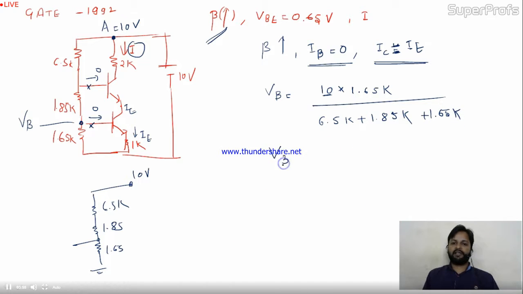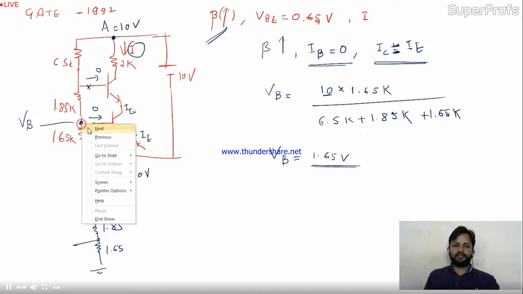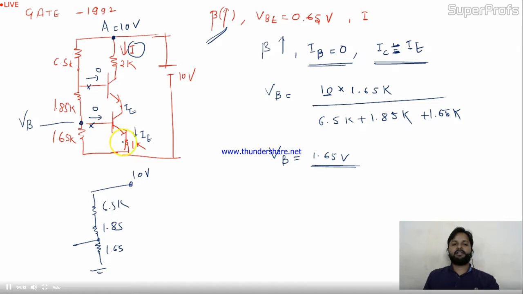So when you find out this VB, you will get 1.65 volt exactly. This will be the voltage over here. Now your circuit is like, here is the voltage 1.65. Now you can apply this to the input loop or mesh. In this mesh you can apply the KVL, so you'll get the IE.